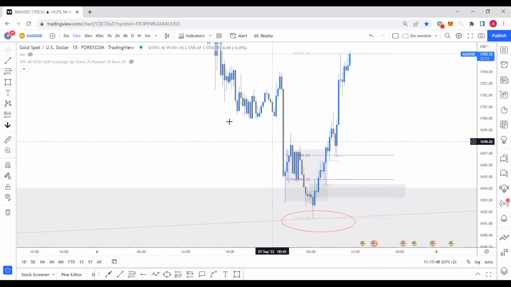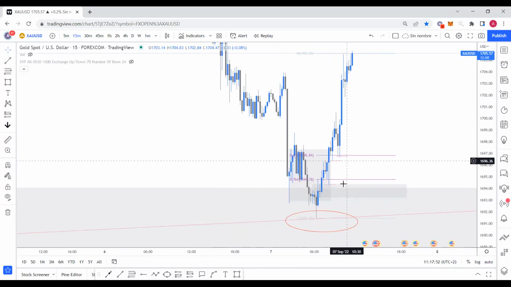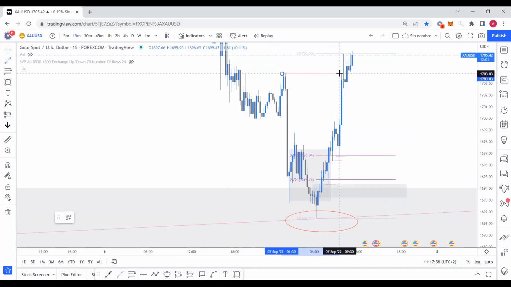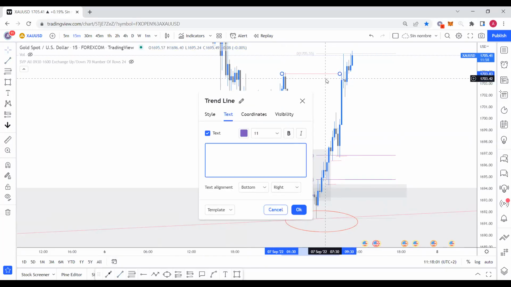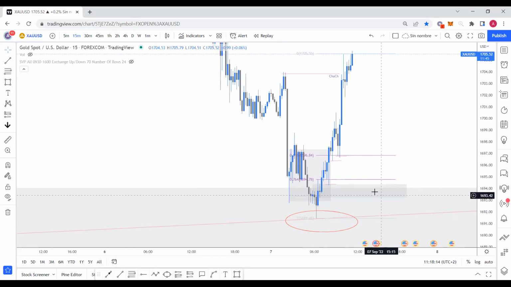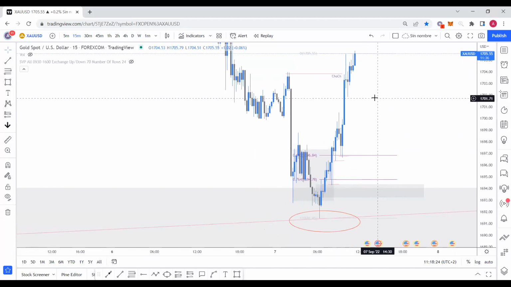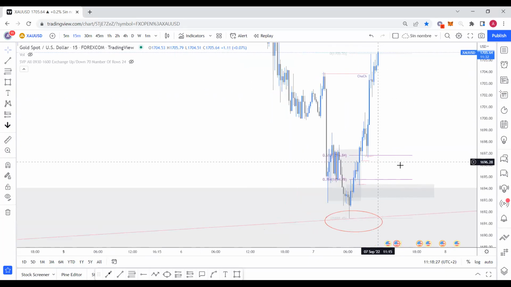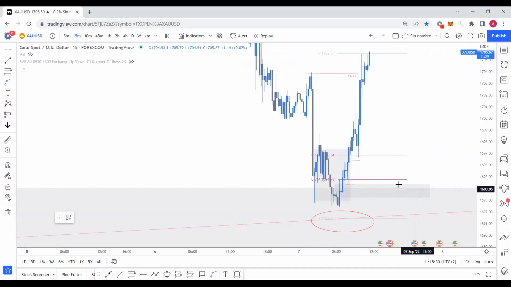So a move that we could be expecting is, after this break right here, this change of character, we could see price rejecting this demand zone and then flying a bit to the upside, not much, okay, but it could be possible to see some bullish moves from around this area as well.